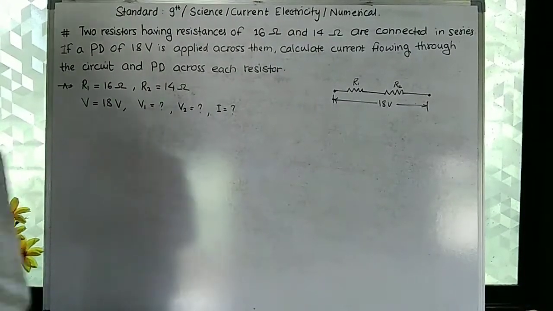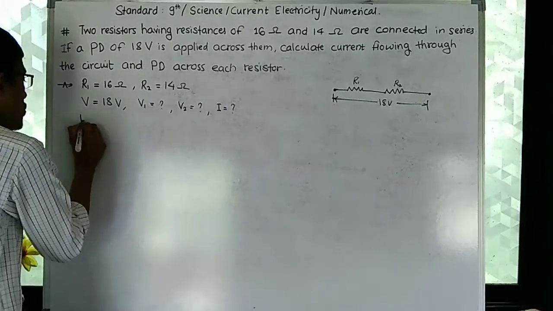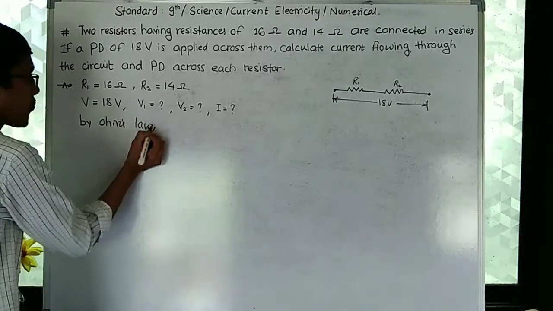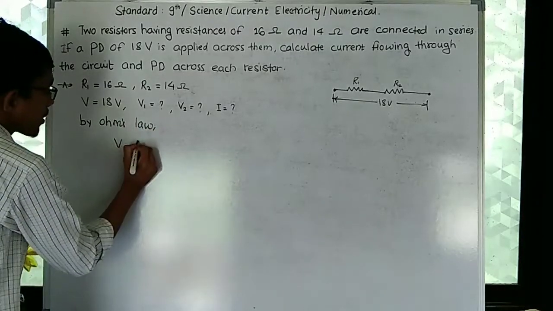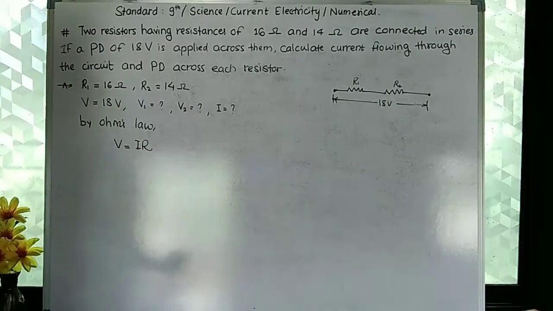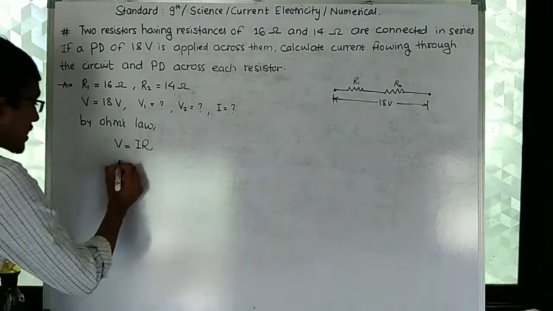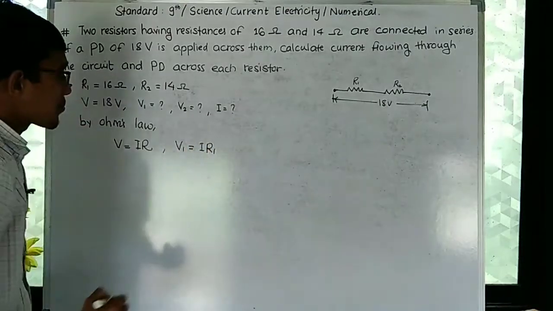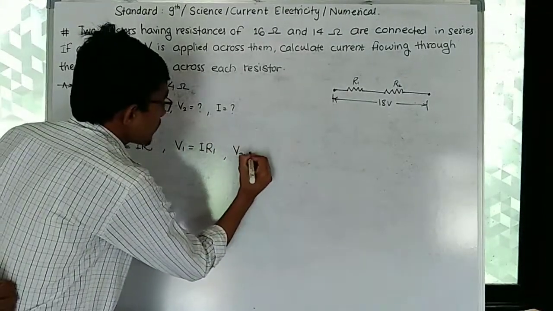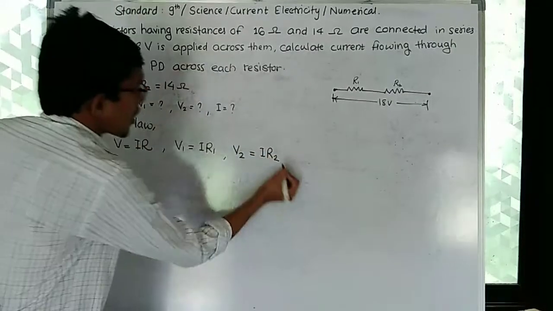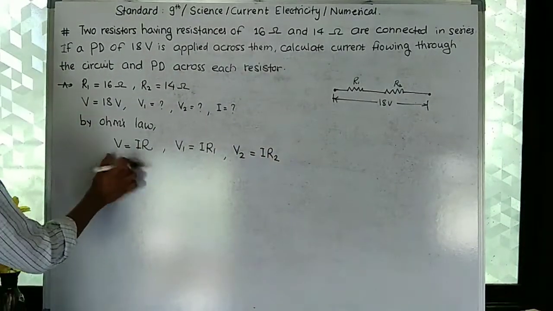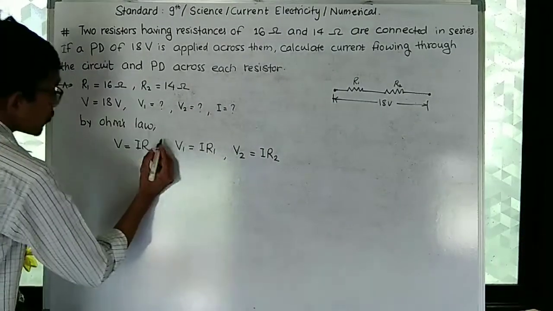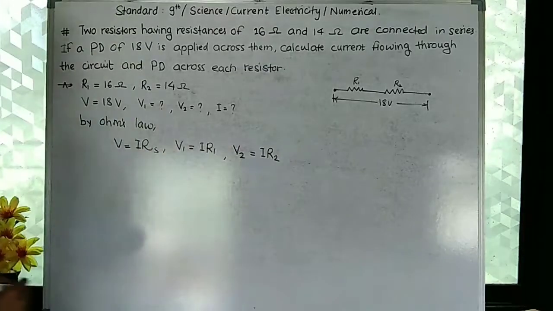We know Ohm's law, so by Ohm's law V is equal to IR. In that case V1 is equal to IR1 and V2 is equal to IR2, and the complete potential difference will be the electric current into effective resistance, that is RS.